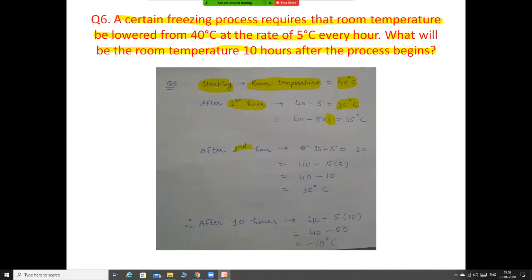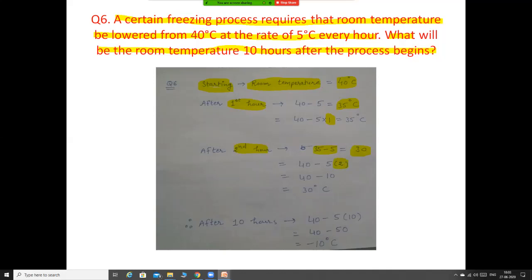Now after 2 hours, what happens? This was now 35, so 35 minus 5 is 30. As a pattern, we write 40 minus 5 into 2, where 2 means after 2 hours. 40 minus 10 equals 30 degrees Celsius.